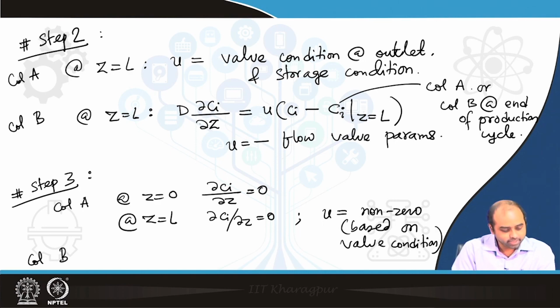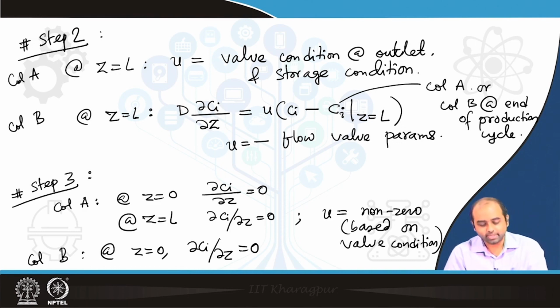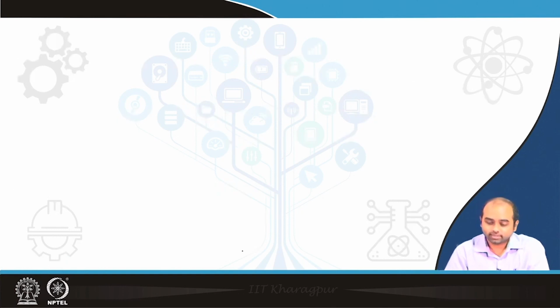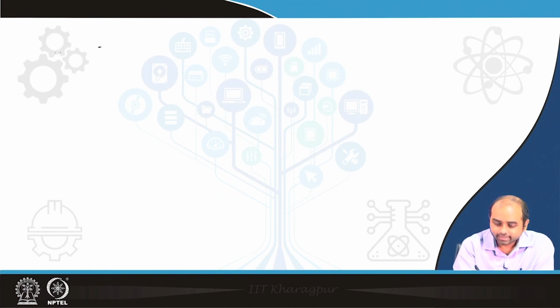So, for column B at Z is equal to 0 you have dCi/dZ to be 0, and here column A is actually providing equalization to column B. So, for the case of column B at Z is equal to L you have the following boundary condition. The diffusive flux is equated to the convection.